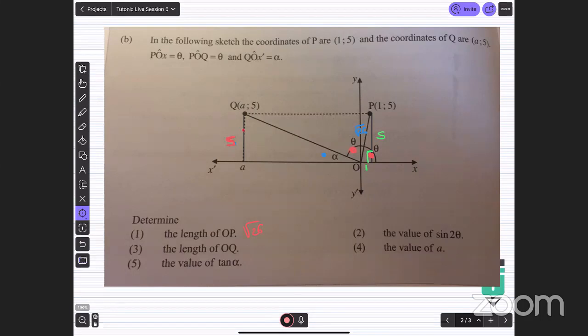Guys, why are we looking at the 5? Because it's this triangle now, 2 theta. So we're looking at that triangle. Does everybody see that? Here's 2 theta.